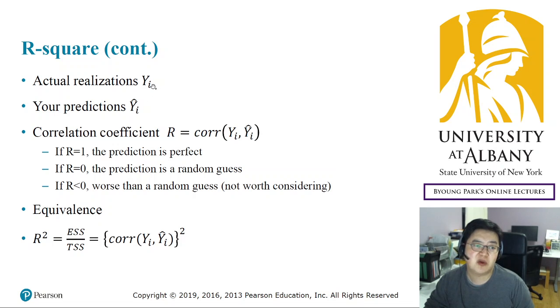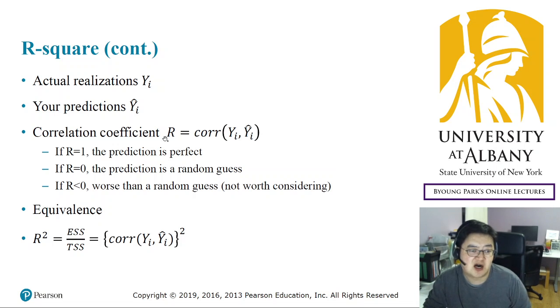Another way to compare them is to calculate their correlation coefficient, right? If your prediction is good, then Y hat will be very similar to Y, so Y hat will be very much correlated with Y. So the correlation coefficient will increase to 1 if your model is good, if your prediction is better.